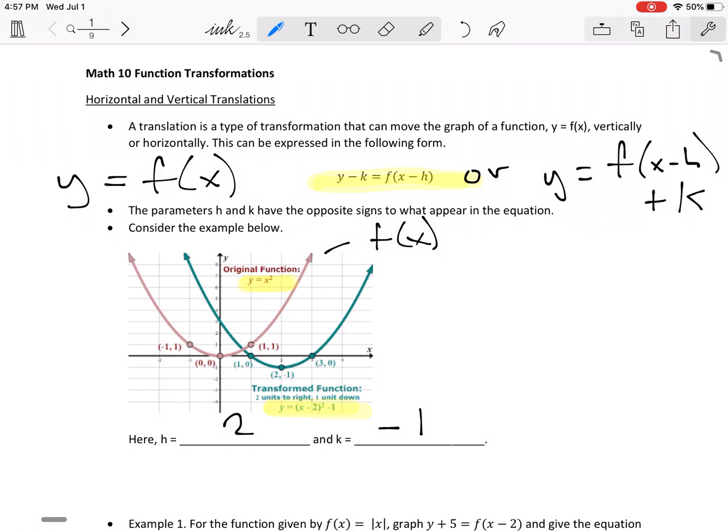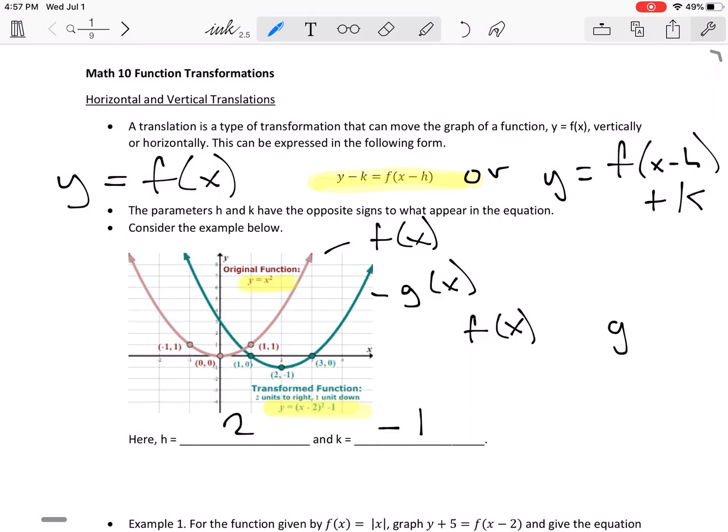Now, notice how some of the coordinates are also given. Let's call this function g(x). One application that we're going to be using is called mapping. What you do in mapping is you take coordinates from the original function, which is f(x), and then you show how those original coordinates have changed onto the translated function.